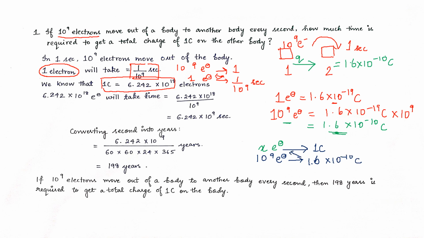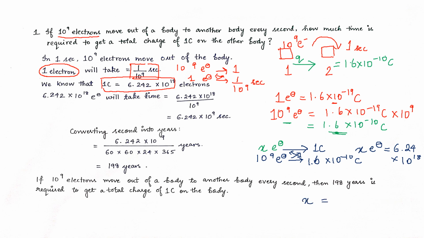Again, cross multiplying it, we will get x electrons equals 6.24 into 10 to the power plus 18 electrons.